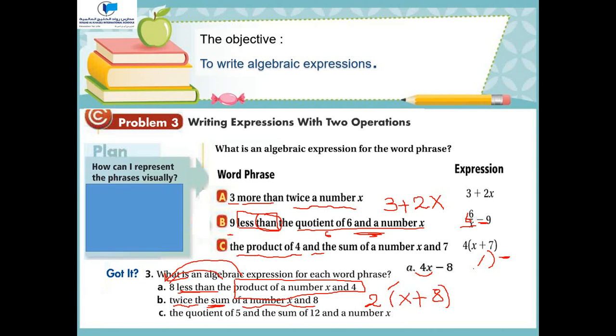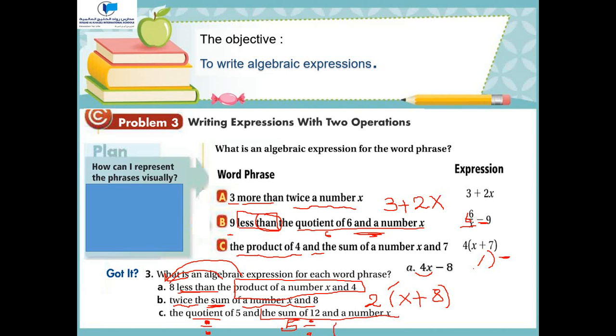The quotient of 5 and the sum of 12 and x. The quotient of 5, follow your expression. Quotient is division. So you have to say 5 divided by all this story, all what you have here.